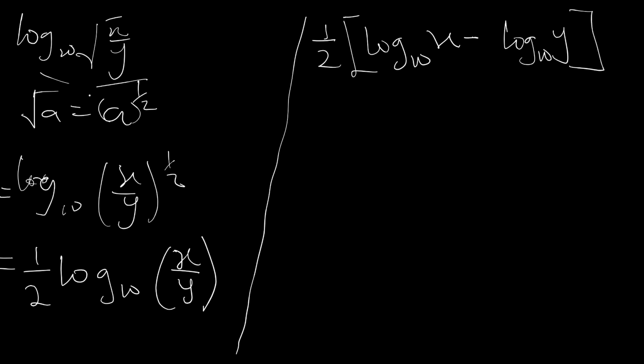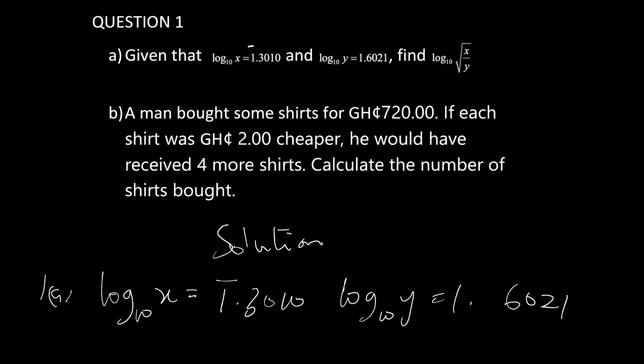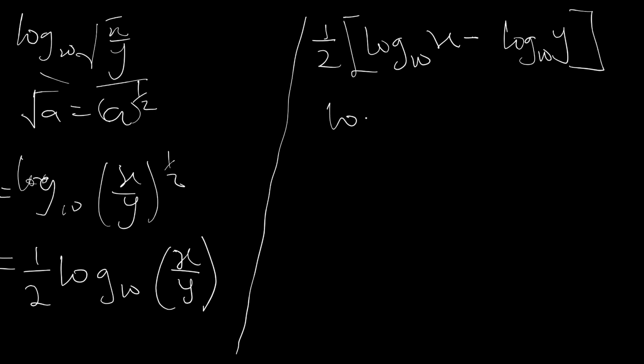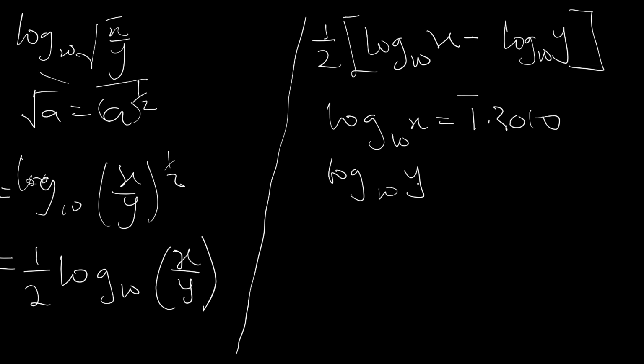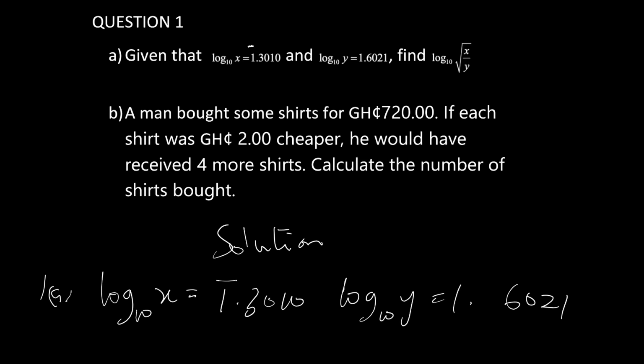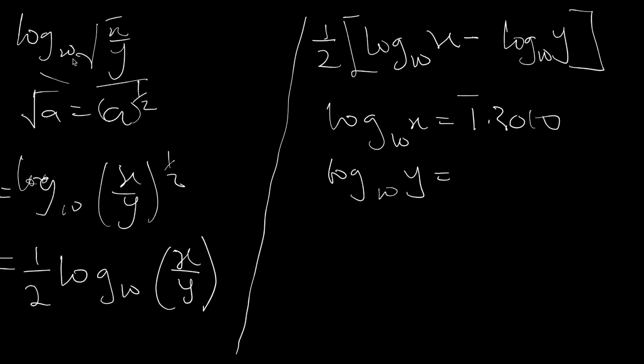Now from our question, we know that log to the base 10 of x is equal to bar 1.3010, so log 10 x is equal to 1 bar 3010, and then log to the base 10 of y is equal to 1.6021.